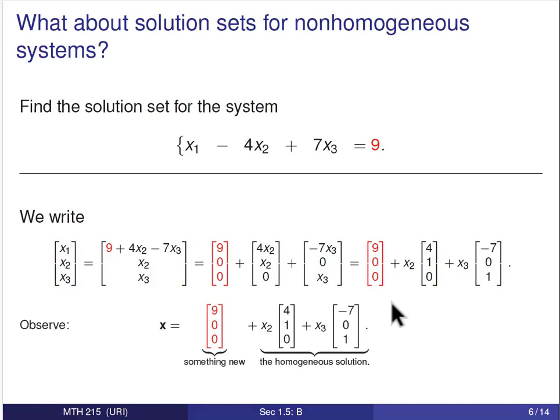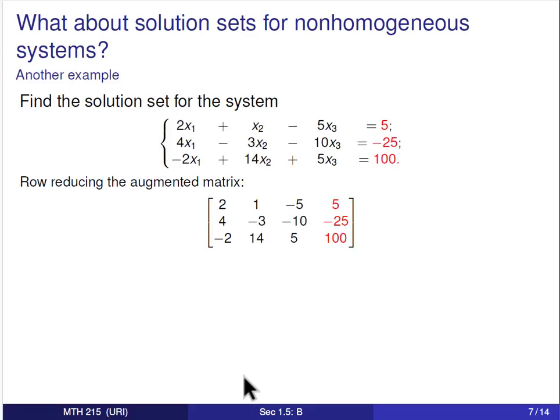Now, what we said earlier was that this x2 and x3, these were the vectors that gave us the solution set for the homogeneous problem. But now we have something new because we had that 9 there and turned it into a non-homogeneous system. All right, keep this in mind as we take a look at another example.